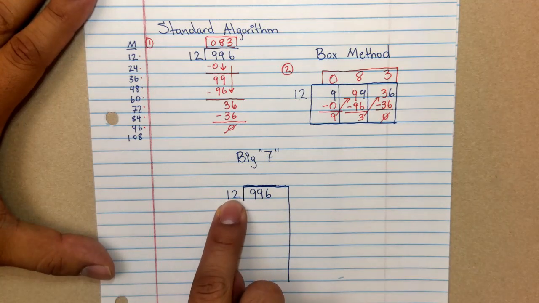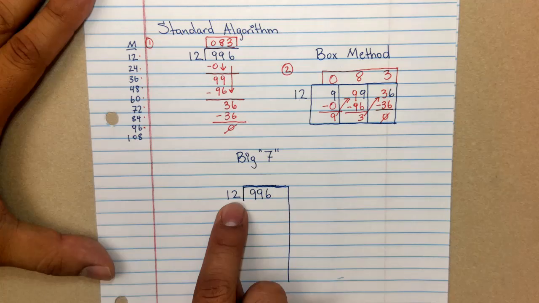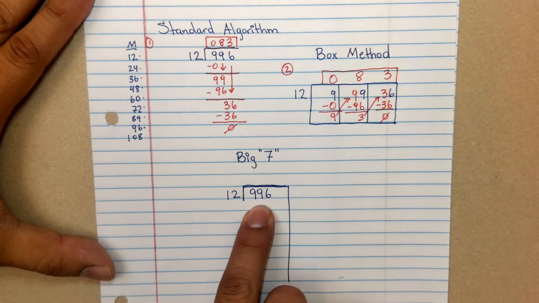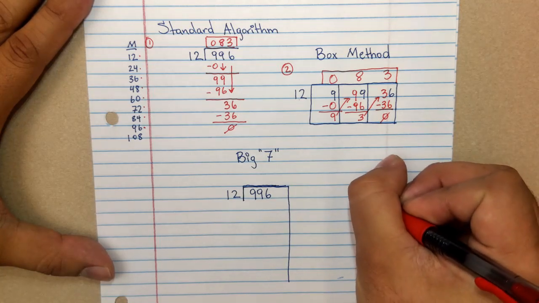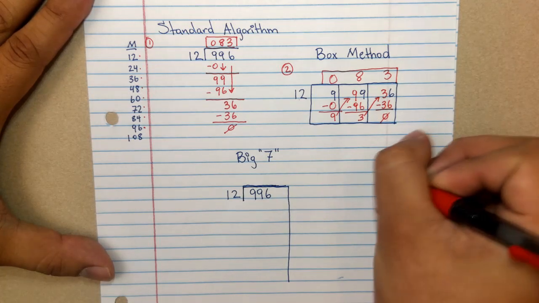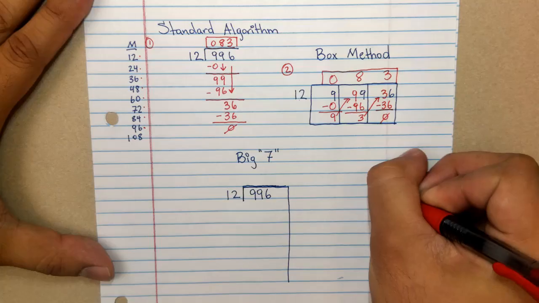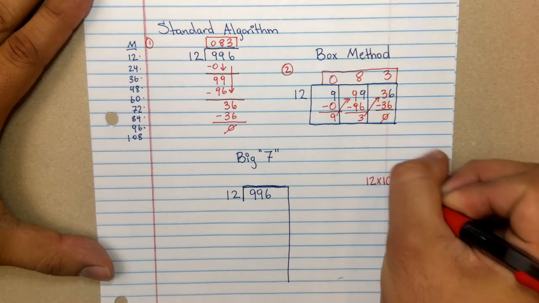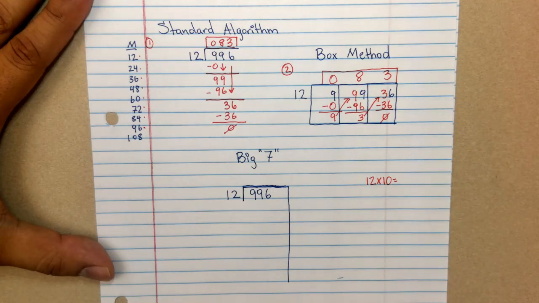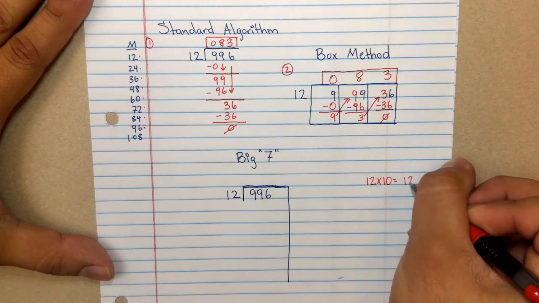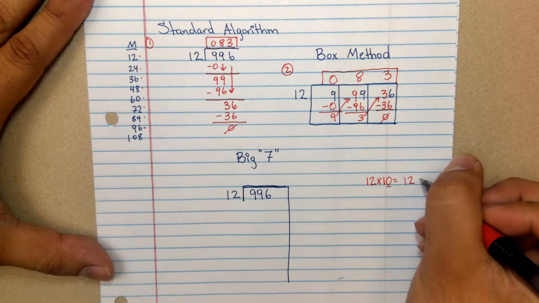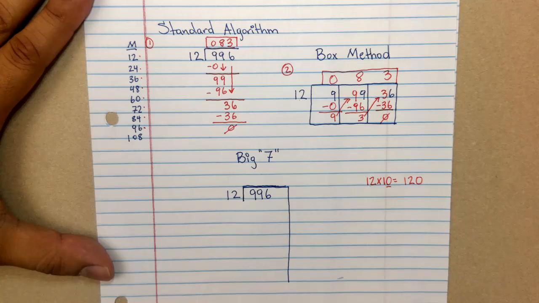So I have to find a number that I'm comfortable with, that I can take a chunk out of 996. So a big chunk that I can think of is, what's 12 times 10? Well, 12 times 1 is 12, and then there's a 0, so I can put it at the end, so 120, right?